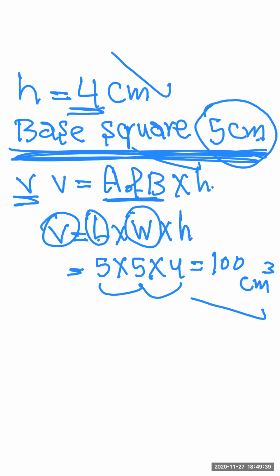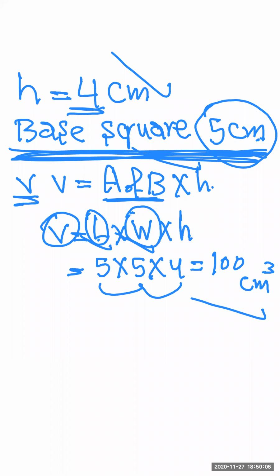Area of the base, it's a square, so length times width, or the side length times itself. The volume of a cuboid equals length by width by height, or area of the base times height. Yes, it's the same.